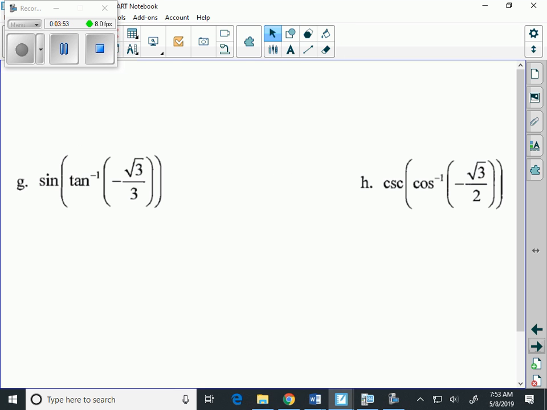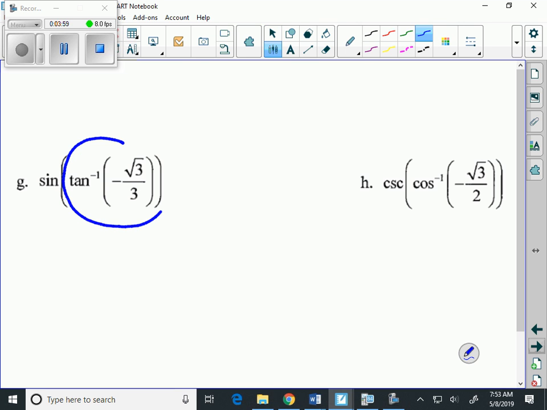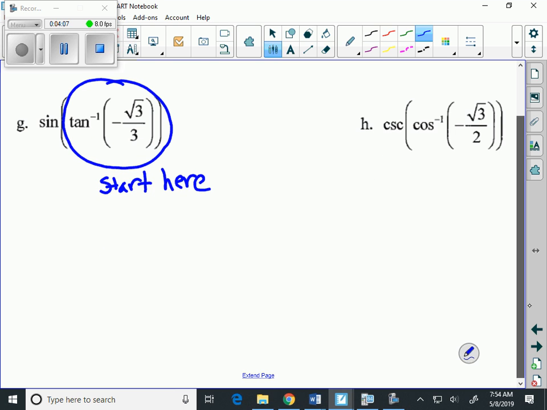As we finish this section, here are some compositions. Remember that when we do these problems, we're going to start here. We need to figure out what the inverse tangent of negative radical 3 over 3 is. Well, the inverse tangent of negative radical 3 over 3 is going to be negative pi over 6.